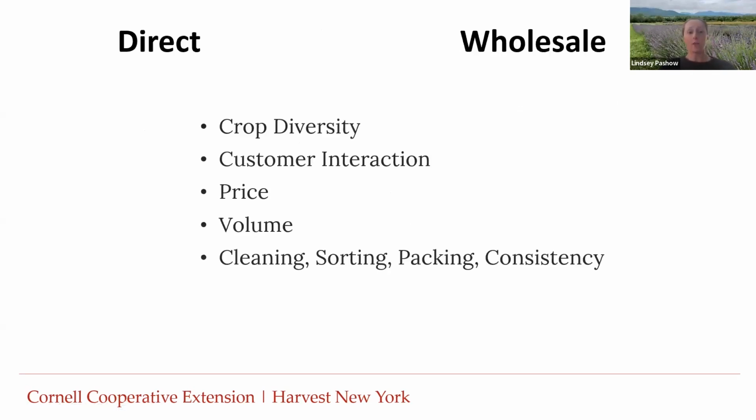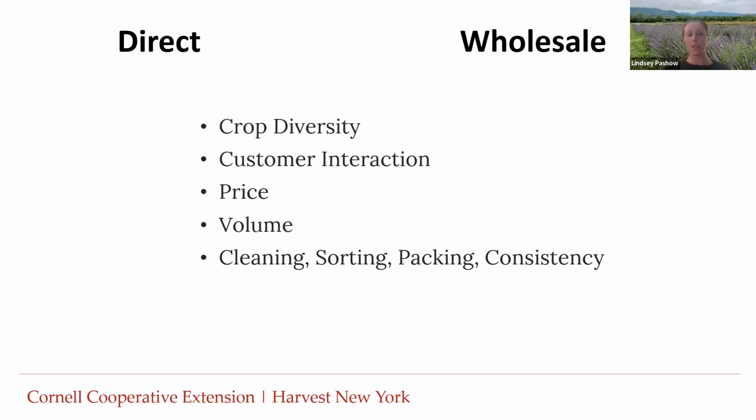When you're looking at markets, as I touched on in the last slide, you're either selling directly to customers or you're wholesaling products. For crop diversity, when you're selling directly to customers, like with your bouquets, you're usually growing a lot of flowers.